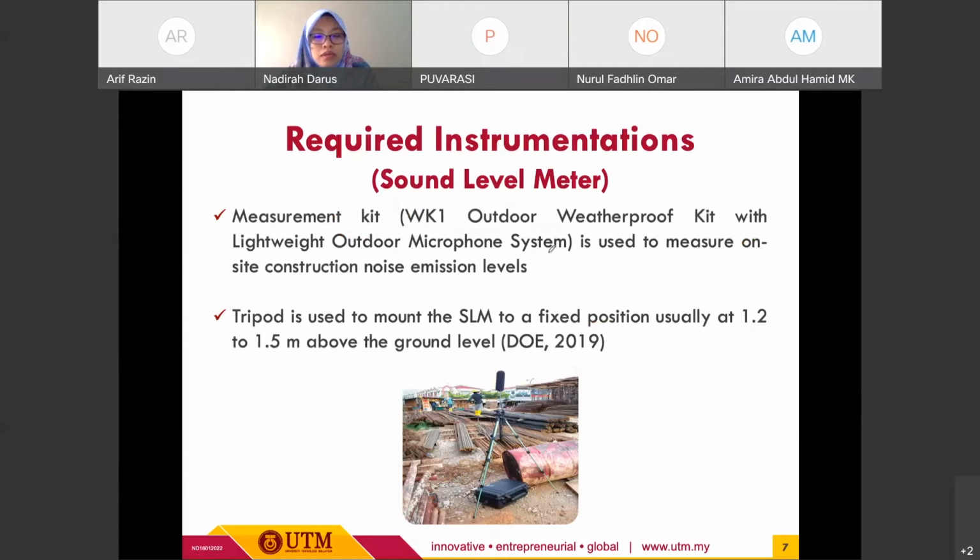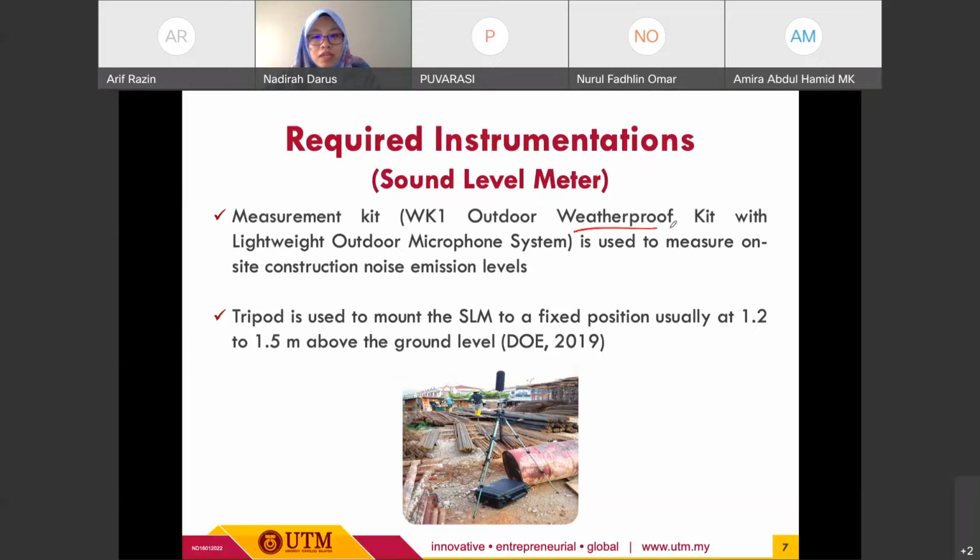Okay, continue on how we set up the instrumentation atau sound level meter. Kebanyakan sound level meter ni dia come with the outdoor weatherproof kit. Okay, maksudnya this one set up untuk outdoor measurement, noise measurement.